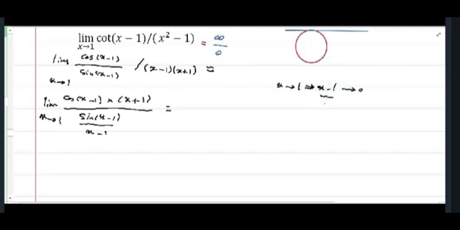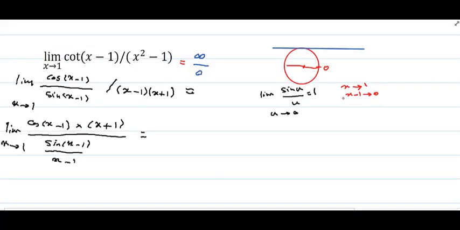And here pay attention that we will use the limit of sine of x minus 1 over x minus 1 is equal to 1, because when x approaching 1, I can say that x minus 1 approaching 0. So if I define this as u, I will use that the limit of sine u over u when u going to 0 is equal to 1. So u is x minus 1. X approaching 1, so x plus 1 is equal to 2. But the cosine of x minus 1 is cosine of 0. But here we have to pay attention.